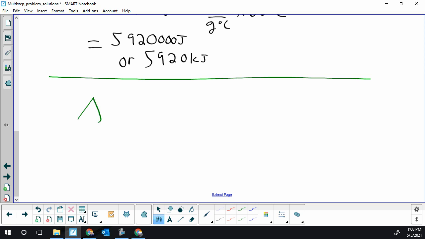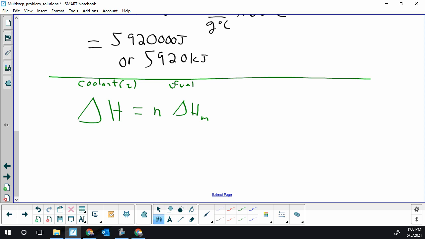So the change in enthalpy, this is of the coolant, this is really coming from Q, is going to be equal to the n times molar enthalpy, and this is coming from our fuel. And we're assuming 100% efficiency, that all the energy produced by the fuel, the moles times the molar enthalpy, is going to go into the coolant.